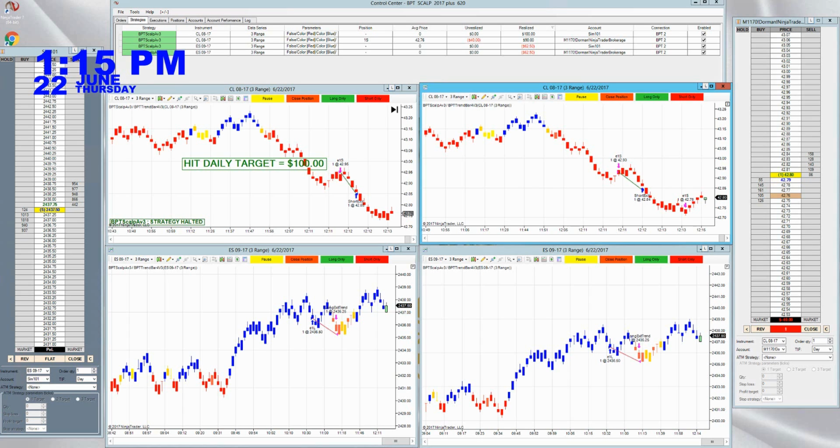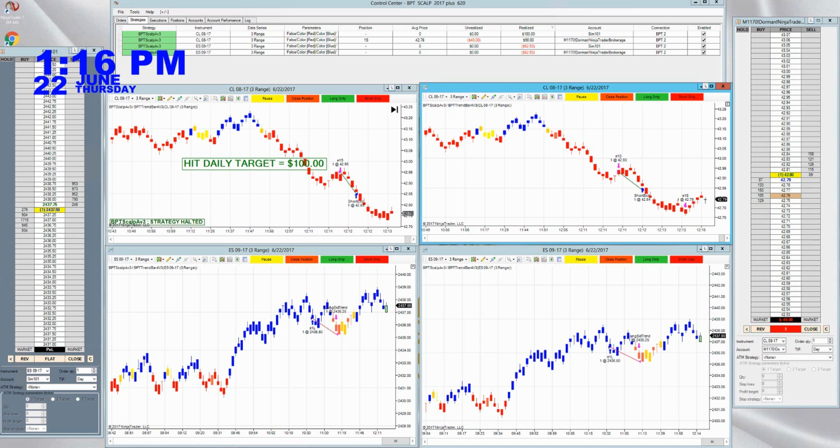And that's what happens after 10 or 20 trades a day, that you're going to see totally different auto trading from the sim to the live market.